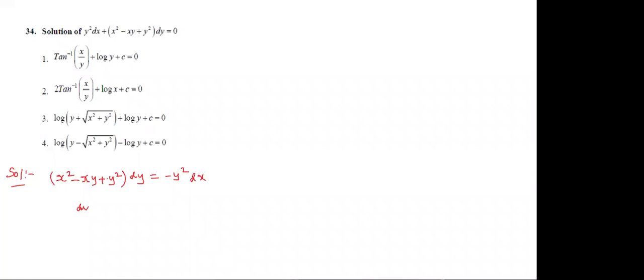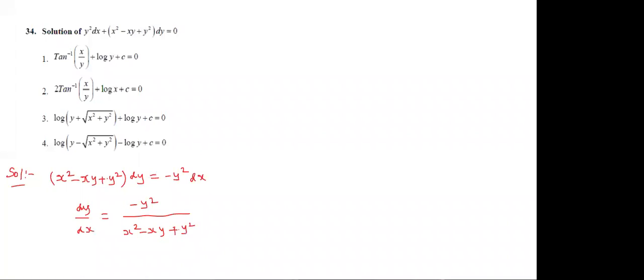Here dy by dx is equal to minus y square divided by x square minus xy plus y square.